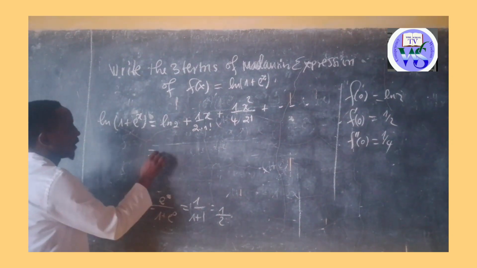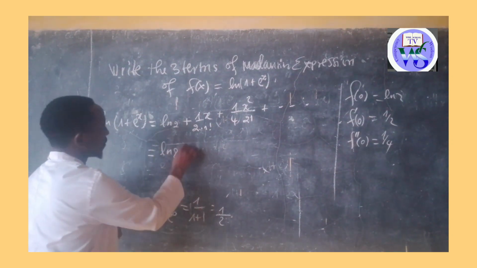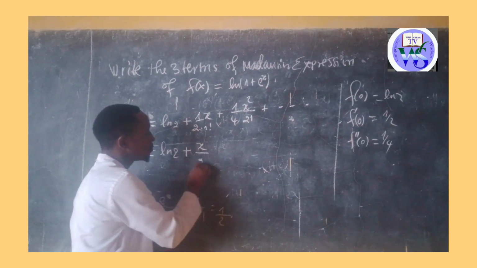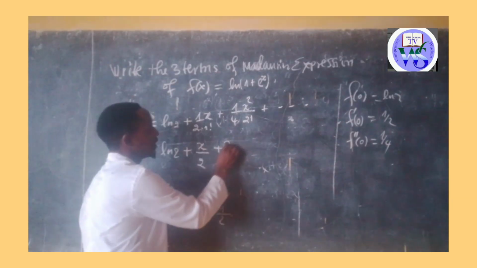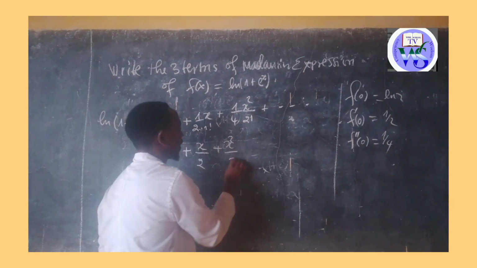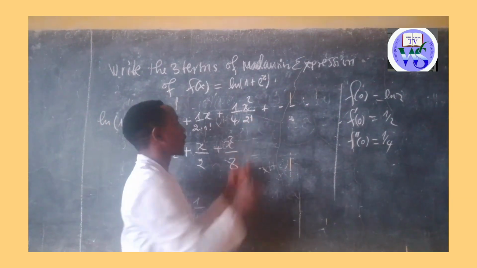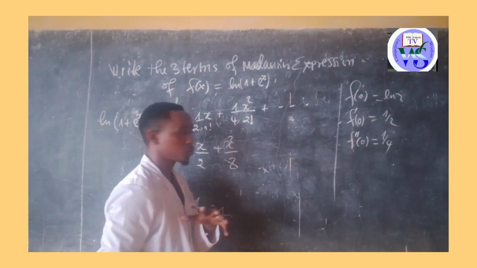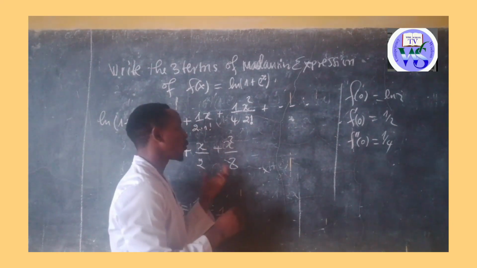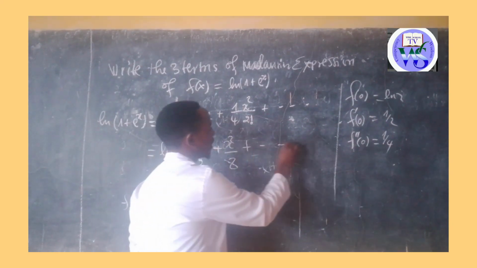So this is ln of 2 plus x over 2 plus x squared over 8, because 2 factorial times 4 is equal to 8, then plus and so on.